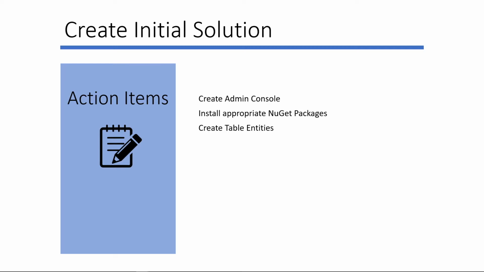We will create classes which we will name table entities in order to populate them with data and insert the data in Azure Tables. We'll then run the console app and seed the data. And then finally, we'll create filter subscription rules and run the console app once again so that those filter subscription rules are created on the service bus.